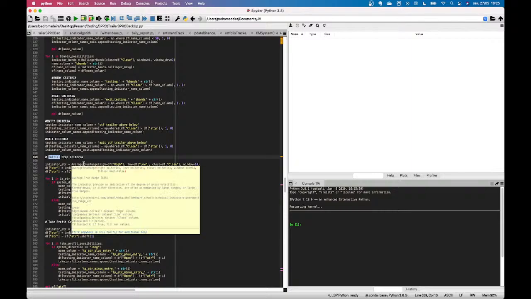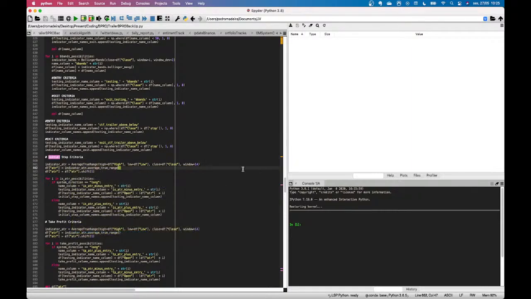You open a position at the open price, and if you are short, you get an initial stop one ATR above your open, or 2 ATRs above your open.